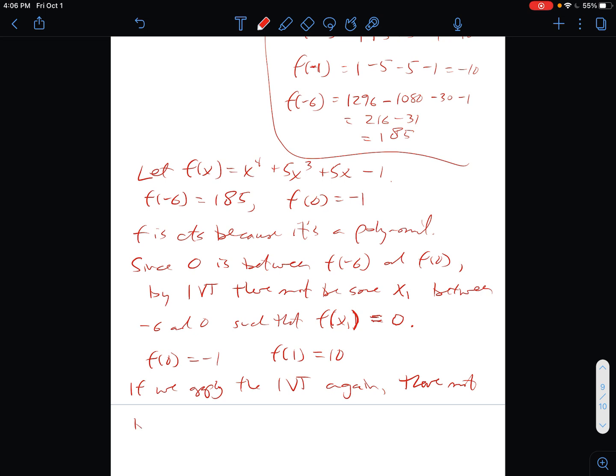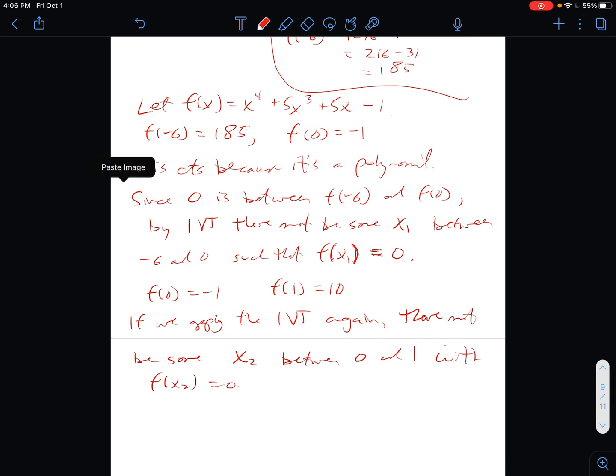There must be some x2 between 0 and 1, between these two x values, with f of x2 equals 0. And the key is these are different. x1 happened between negative 6 and 0. The second one happened between 0 and 1.